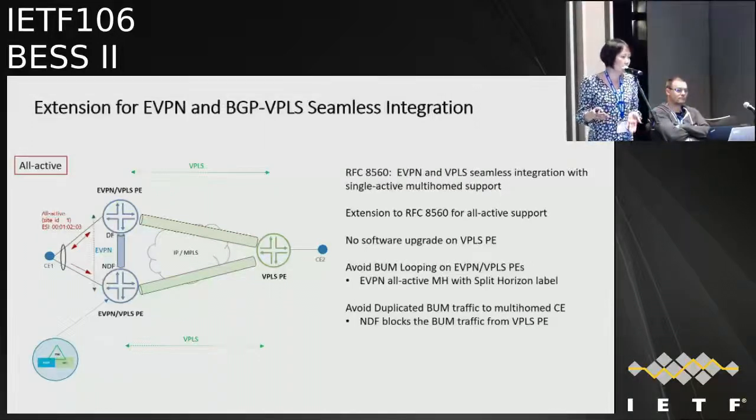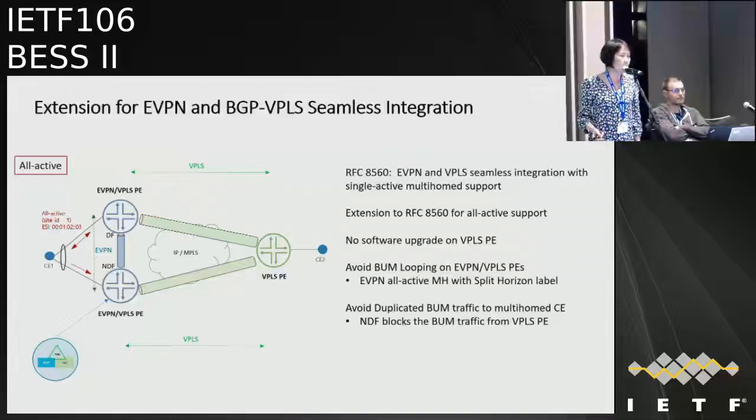The composite PEs can use the EVPN procedures, since in the hybrid or composite PE they share the same MAC forwarding table, so they can use the ESI label and everything, with no change, just the existing EVPN procedures, to overcome the VPLS limitations. One is layer 2 looping for BUM traffic. The second is duplicated BUM traffic.